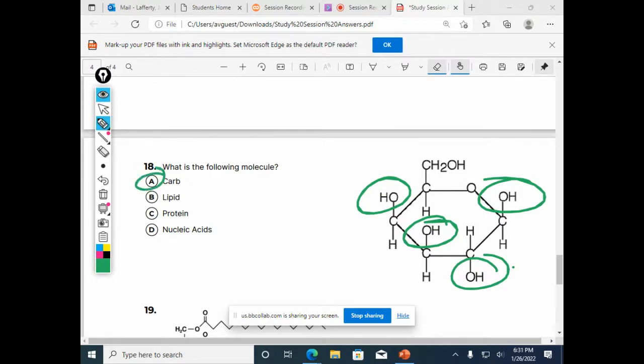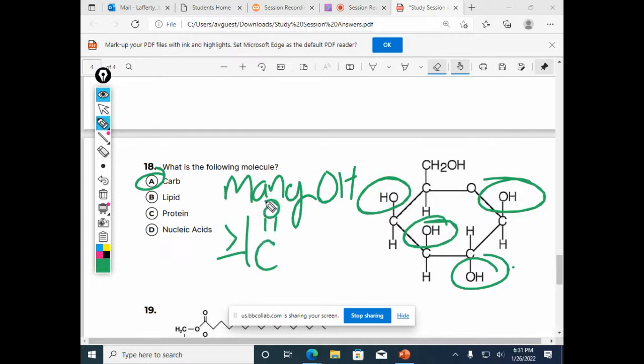All right. Good. So that's actually weird how they did that. Anyway, a carb has many OHs and at least one carbonyl, which is a C with a double bonded O. Now, that's not the best way to identify them.